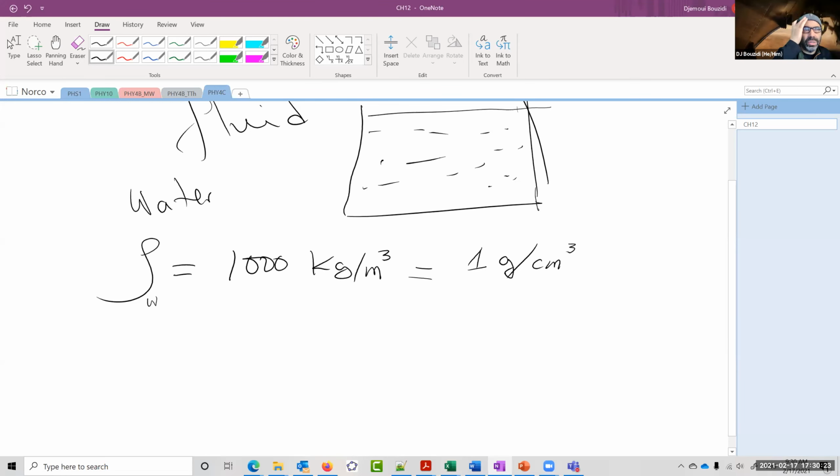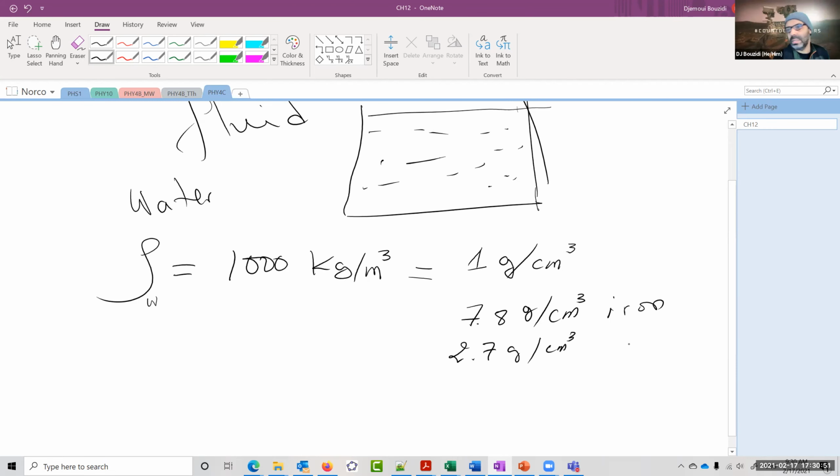Usually, because people don't like to deal with the thousands, they use grams per cubic centimeter because the densities all of a sudden are easy to talk about. For example, the density of iron in grams per cubic centimeter is 7.87, or 7.8 grams per cubic centimeter. Okay, so that's iron. The density, for example, of aluminum is 2.7 grams per cubic centimeter. So that's not copper.